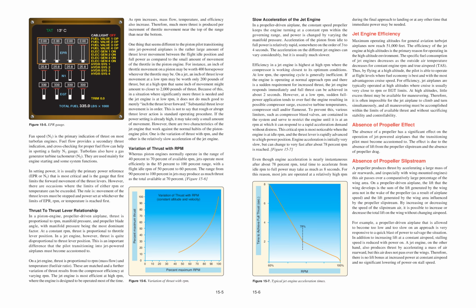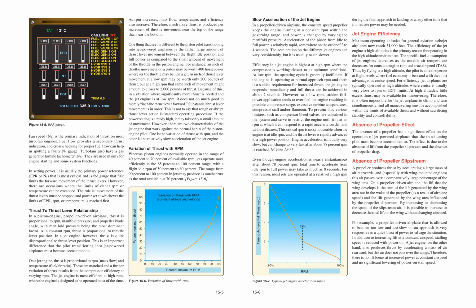Light off fuel valve 1 op fuel valve 2 op fuel valve 3 op fuel valve 4 op elect gen 1 on elect gen 2 on elect gen 3 on elect gen 4 on Hyder sys 1 Hyder sys 2 Hyder sys 3 Hyder sys 4. 339. 339. 339. 339. EGT. Trim 0.0. Total fuel 335.0 pounds times 1000.